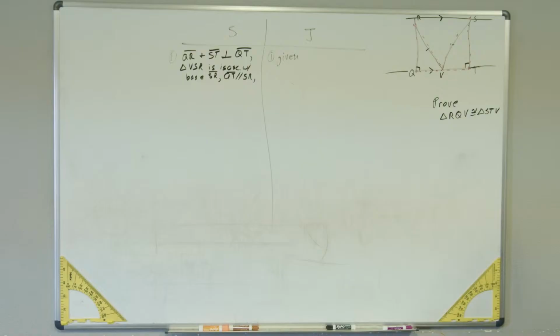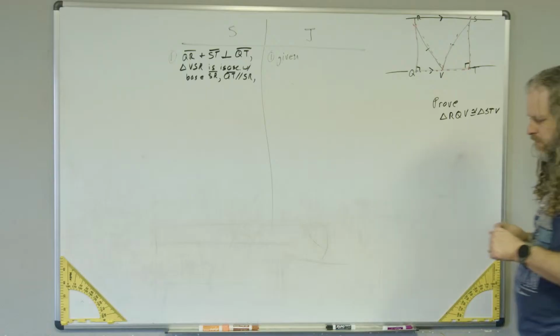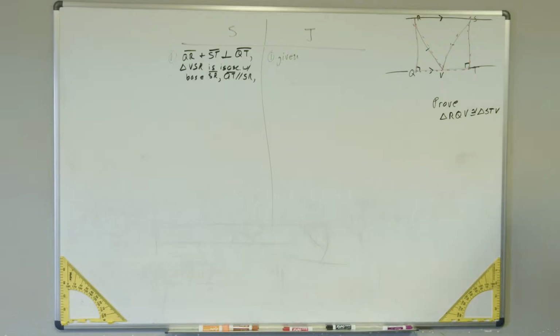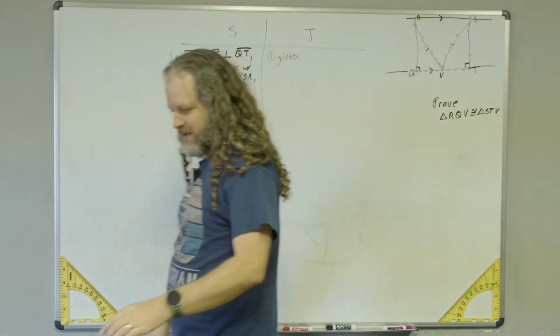Great. What should we do? I don't know if this one's going to be quite as easy as I thought, but it's not going to be too terribly difficult, I don't think.